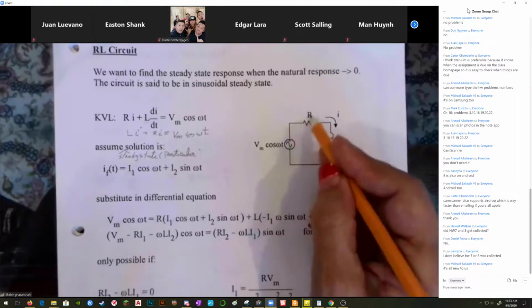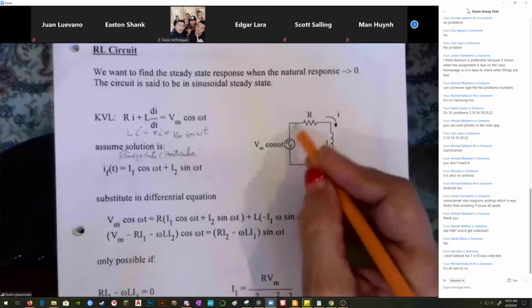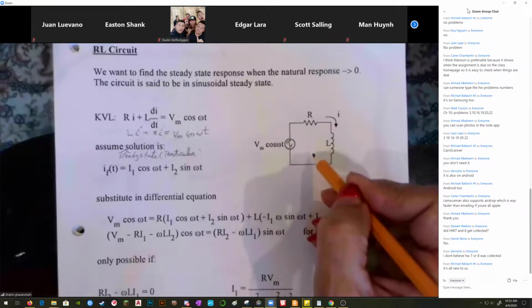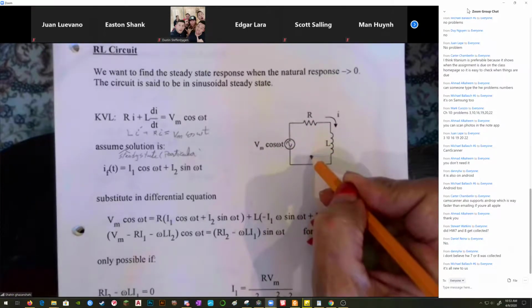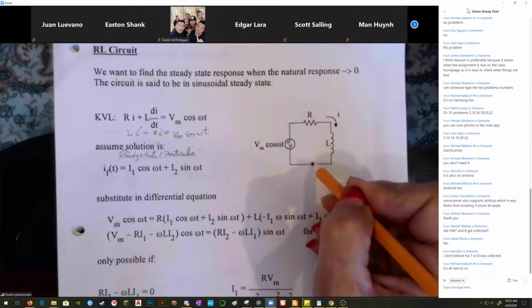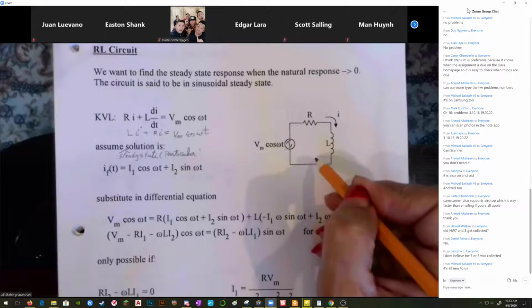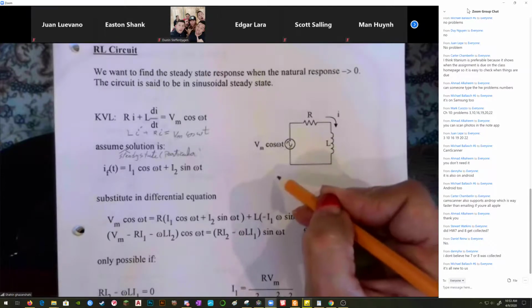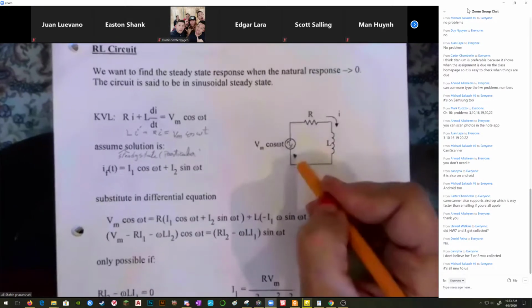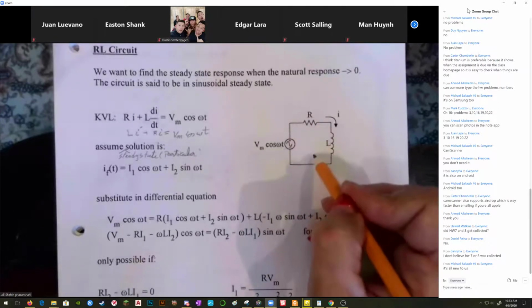And I want to show that even this simple loop, if I want to analyze it in the time domain, you see how much of a problem it gives you. And that's the reason we're going to switch later to the complex domain. Okay, let's apply KVL here.